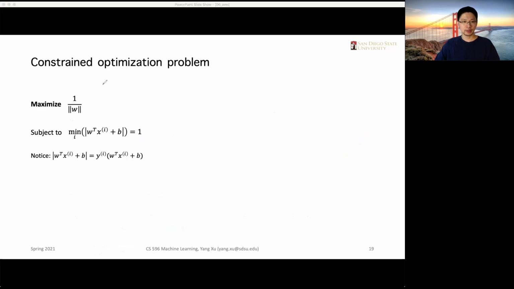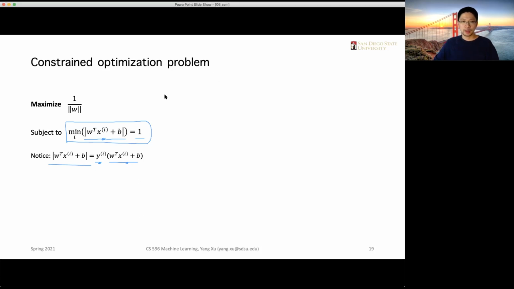So our constraints are actually a bunch of inequalities. The absolute value of this linear expression should be at least 1. We can further rewrite the absolute value as y times this linear expression, because in this SVM binary classification case we don't use 0 versus 1; we use -1 versus 1, just for the convenience of defining our constraints.